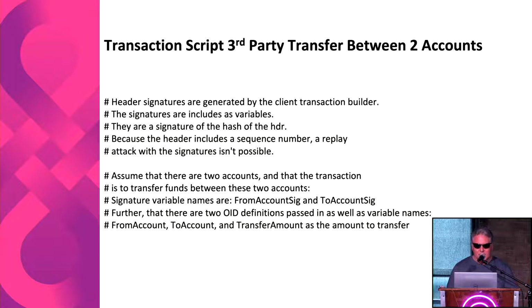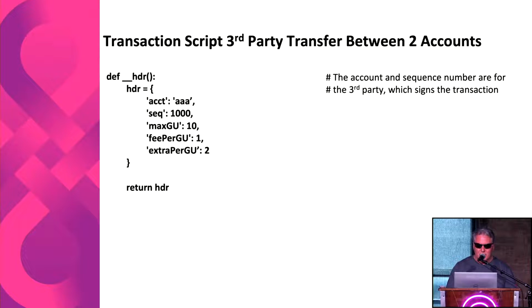If you look down at the three comments from the bottom, you notice that I'm using very, very original names: from accounts to account, from account signature to account signature. And the objective is to be able to prove all these signatures out in a transaction script, so that you can verify at that point that the receiver, not just the sender, has agreed to receive the data. Next slide, please.